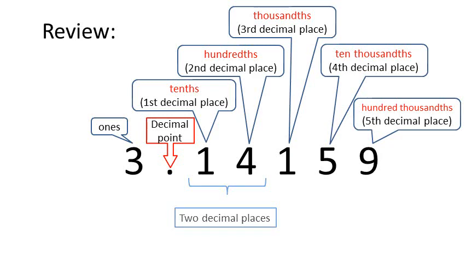And the first 3 digits, 141, from the decimal point is called 3 decimal places. If you want to approximate a decimal with 3 digits after the decimal point, we say round it to 3 decimal places, or round it to the nearest thousandth.